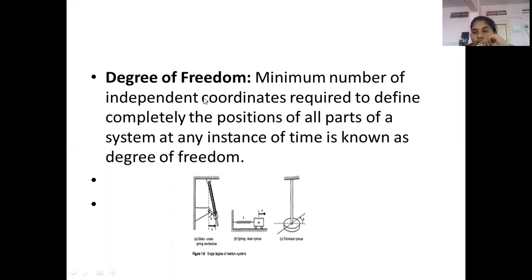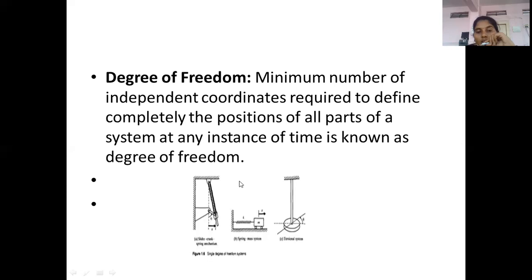Then there can be single degree of freedom systems or multiple degrees of freedom systems. If it is a single degree of freedom system, it is shown by a single degree; if multiple, by a multi degrees of freedom system. I hope all of you understand this.